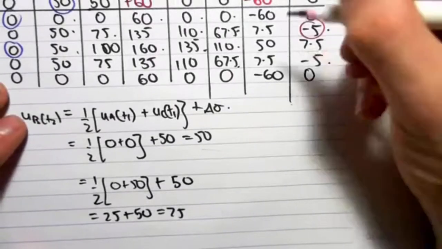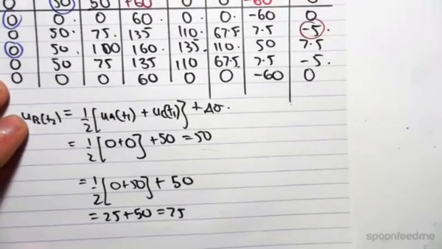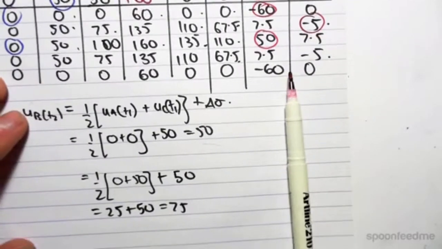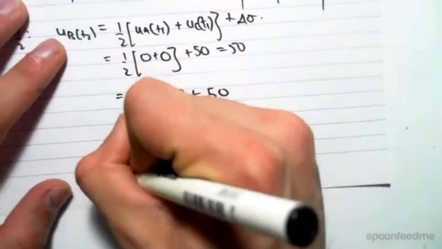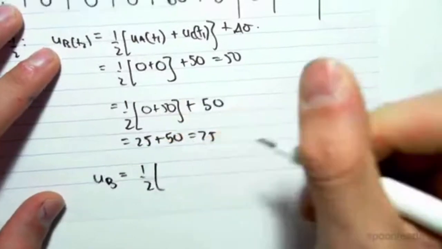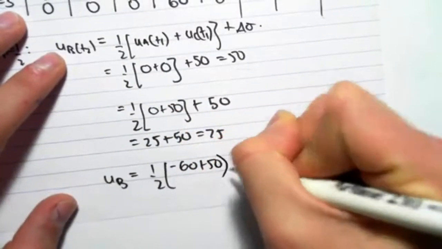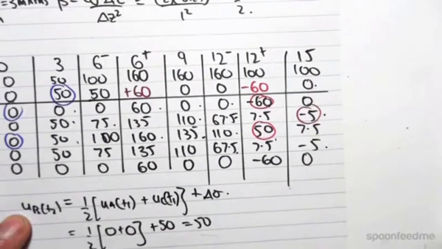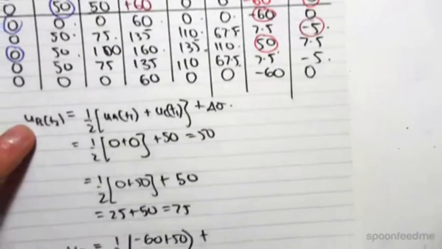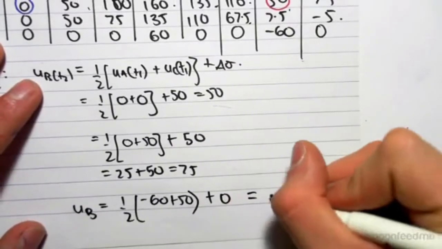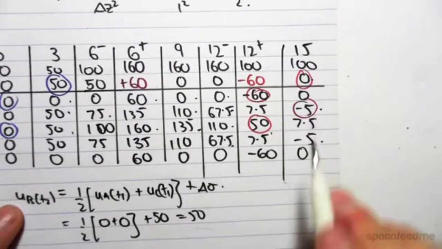It would be minus 60 plus 50. So the UB would equal 1/2 outside of minus 60 plus 50, plus the change in stress, which in our case is 0. So plus 0 would give us an answer of minus 5, which is what we have there.